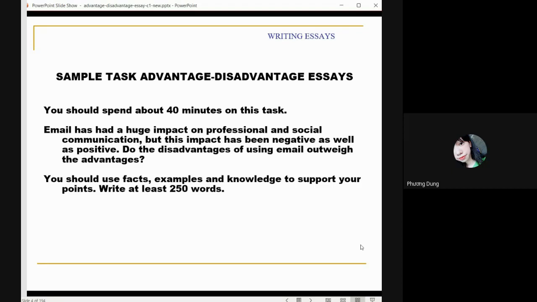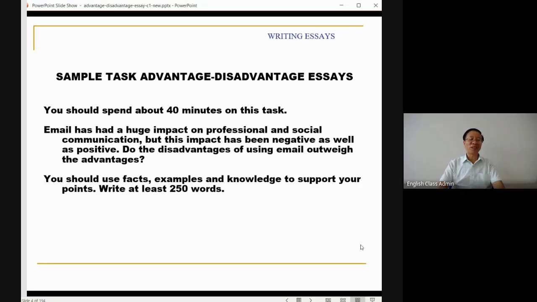250 words. Okay, if you look at this writing task, you can see the very first sentence is the instruction telling us about the time allocation for the task. And then they give you the topic and the context. For example, here you write about email in professional and social communication.